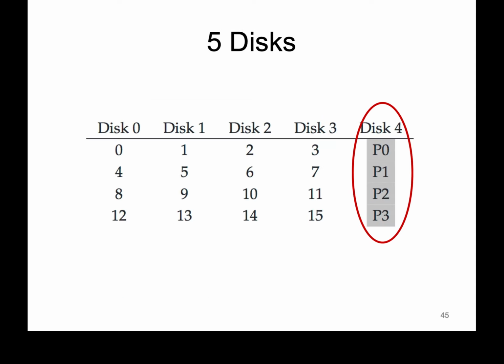All right, so here's the logical layout of a simple example. In this example, we have a total of 5 disks, from disk number 0 all the way to disk number 4. And here, disk 4 is called the parity disk.